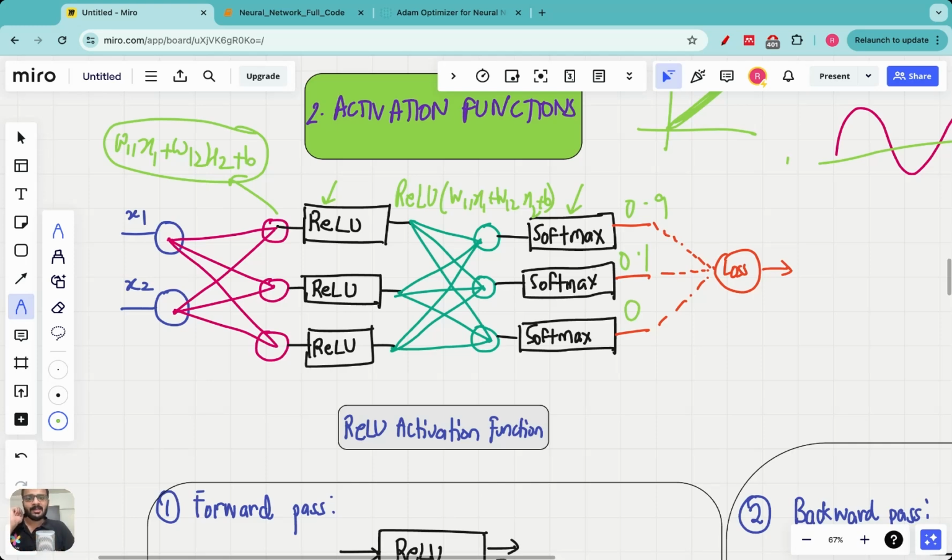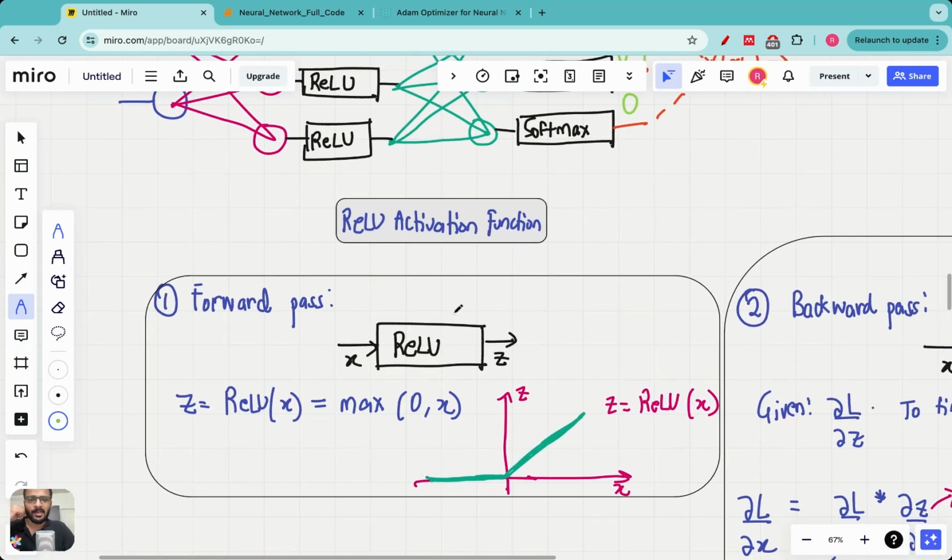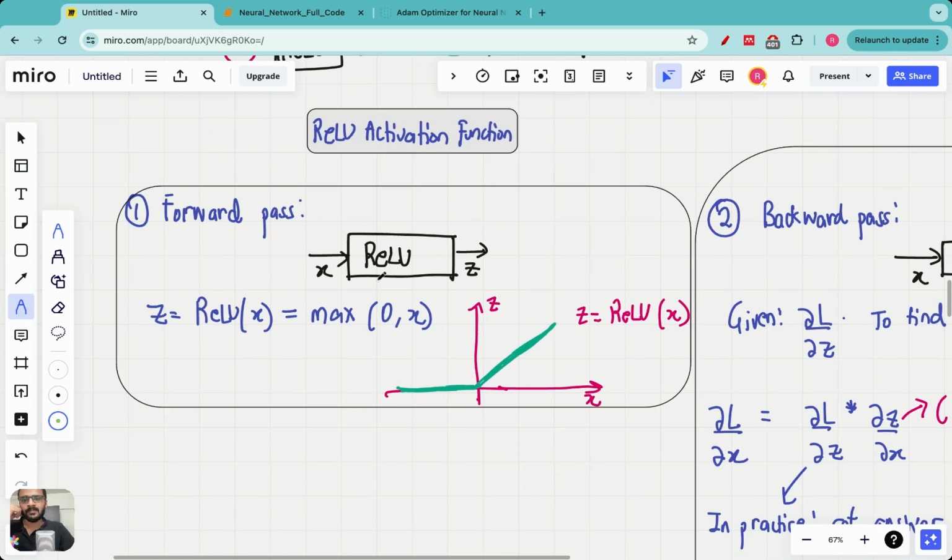Now let us try to understand both the ReLU and the softmax activation. Similar to layers, we'll need to define a forward pass and a backward pass even for activation functions. For the forward pass, we'll just need to understand how the activation function works. For the backward pass, we'll need to work with derivatives. So let's get started with the ReLU activation function and looking at its forward and the backward pass.